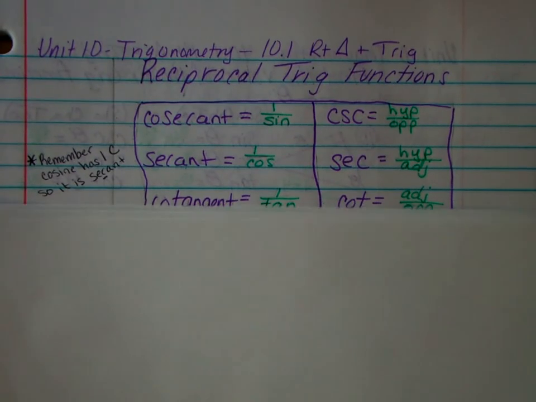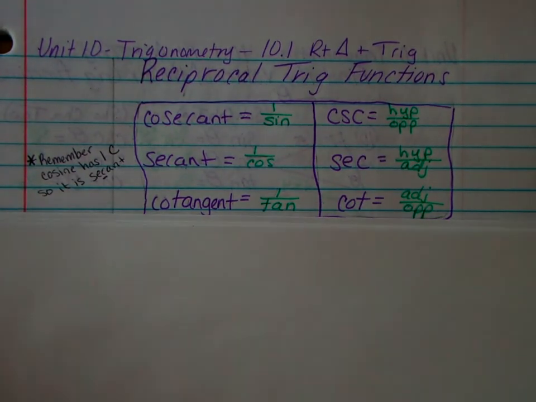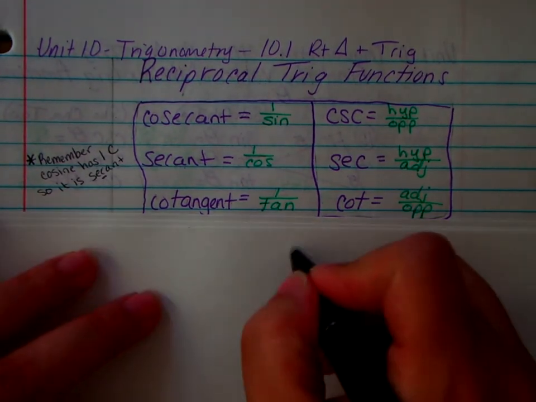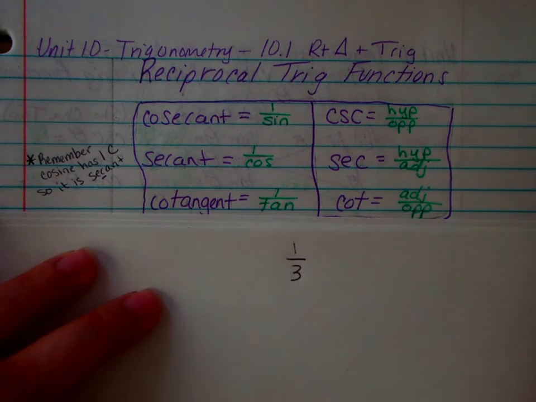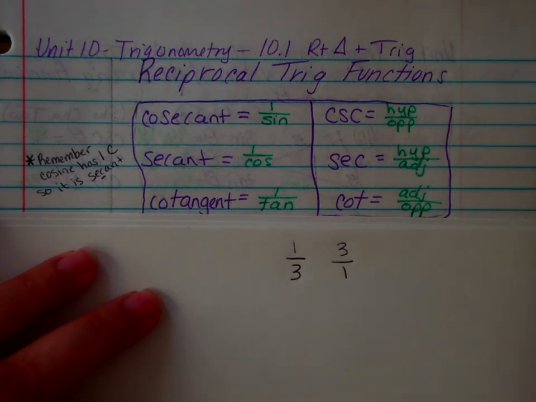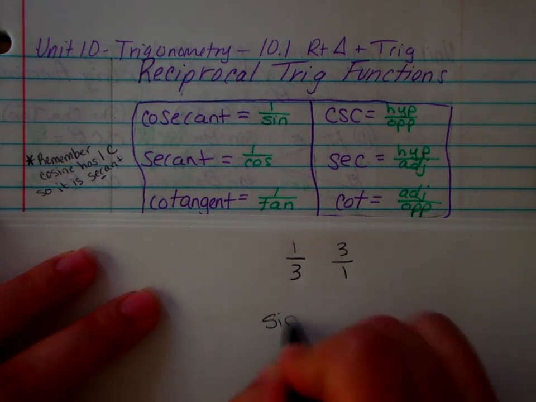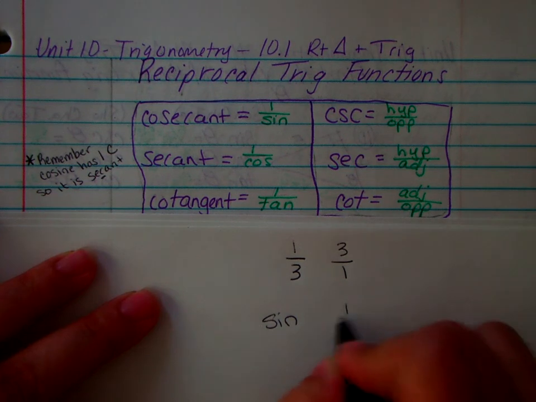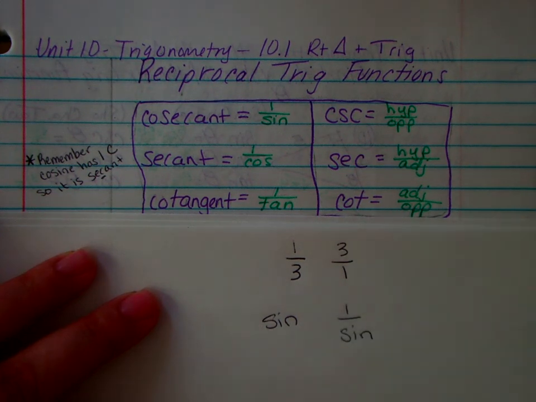All right, let's talk about reciprocal trig functions. All right, so the reciprocal, okay, everyone knows that reciprocals, if I have 1/3, the reciprocal would be 3 over 1. Okay, so you just flip it. So if I have sine, the reciprocal of sine is 1 over sine, okay?